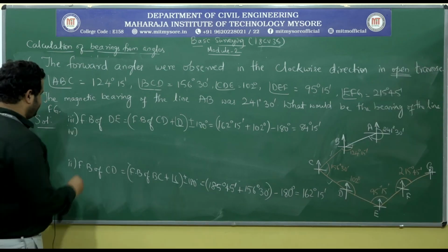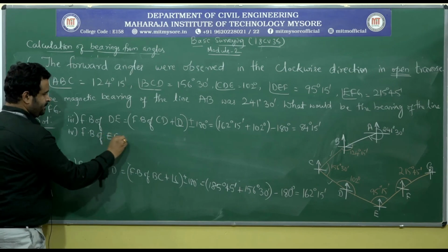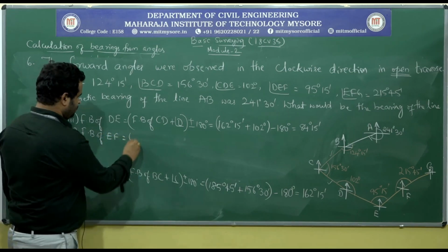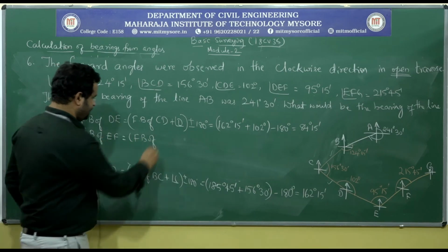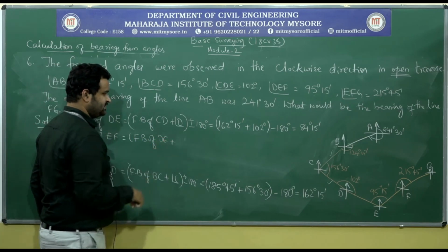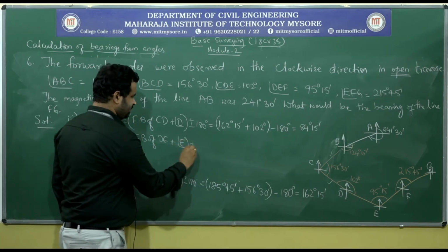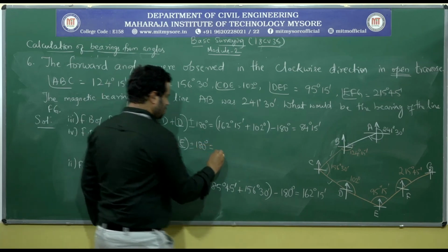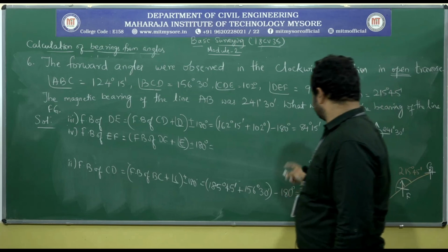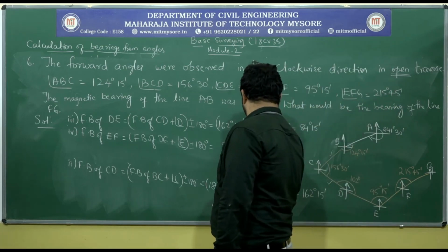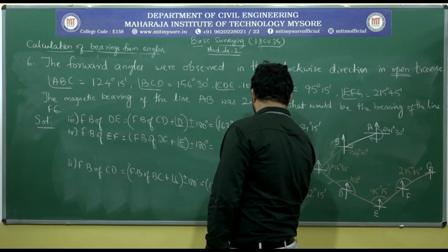Bearing of the line EF is equal to bearing of the line DE plus angle E plus or minus 180. If you write, substitute the values as 84 degree 15 minutes plus angle E is 95 degree 15 minutes.